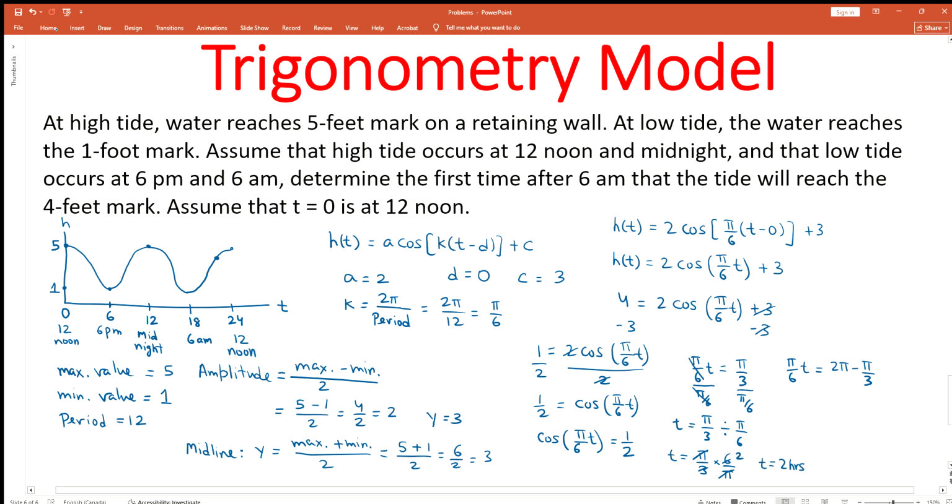Next, we can solve the second equation. 2 pi minus pi over 3 is equal to 5 pi over 3. The denominator of 2 pi is 1. The common denominator is 3. That's how we get 5 pi over 3. Next, we can divide both sides by pi over 6.